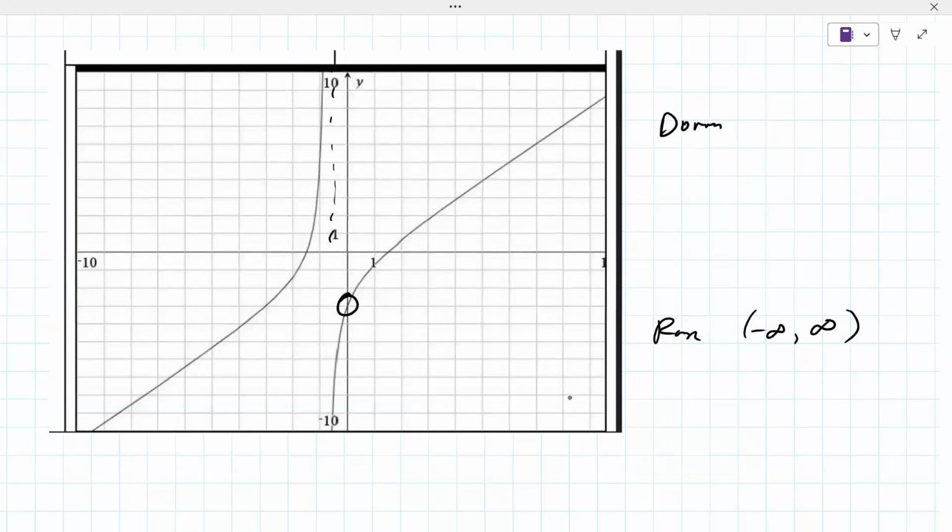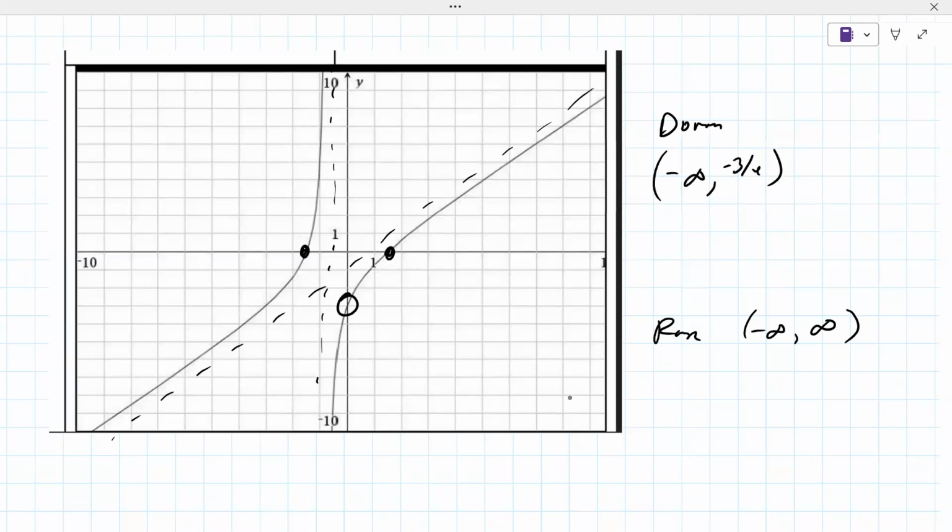Domain: minus infinity to negative 3/4, union negative 3/4 to infinity.